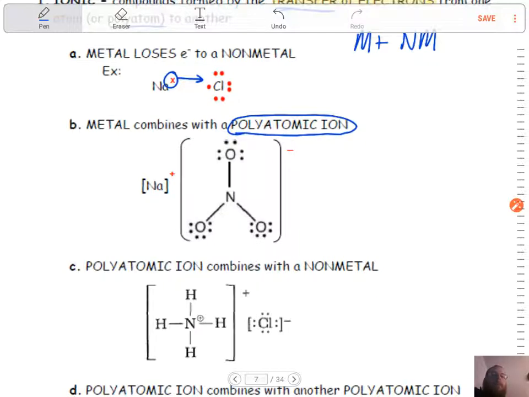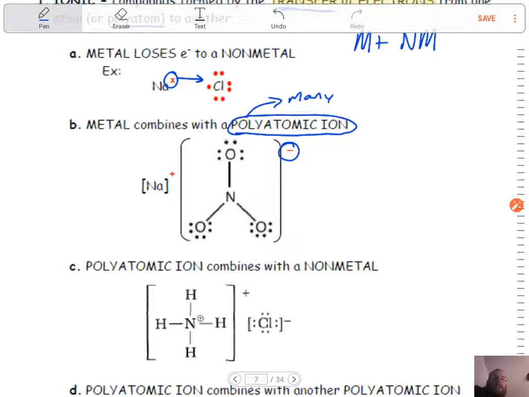If you break the word down, poly just means many, or multiple atoms. So in this bracket, you've got multiple atoms: 3 oxygen atoms and 1 nitrogen atom, and it's making up an ion. Again, we'll see the whole list. For right now, just be able to recognize them.